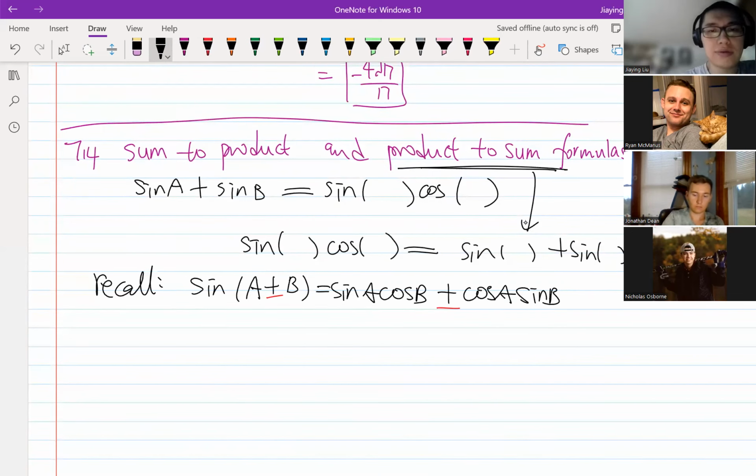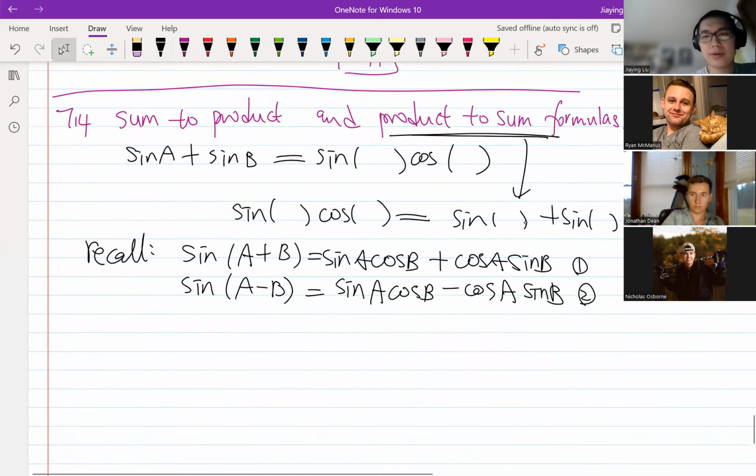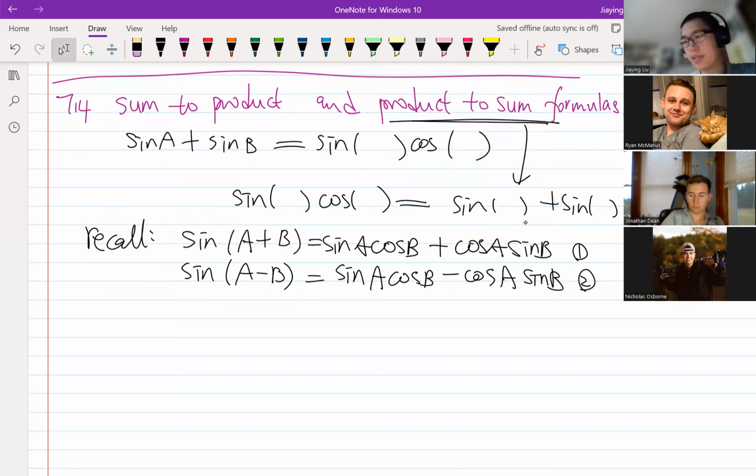I'm going to expand this because it might be easier that way. So sine of A minus B is equal to sine A cosine B minus cosine A sine B. That's the first one, that's the second one. I'm going to write down the cosine part later.